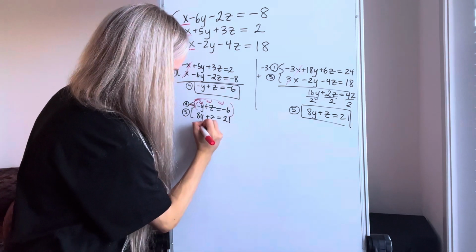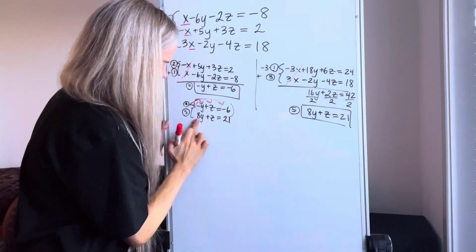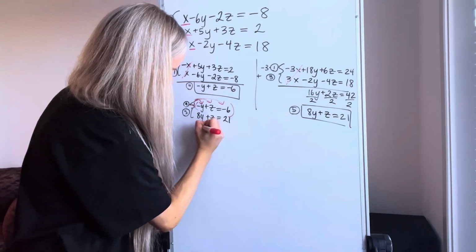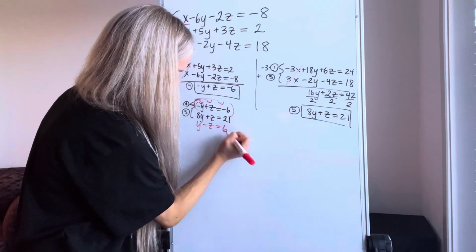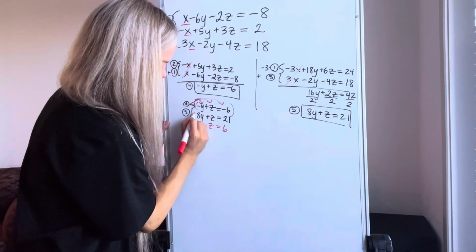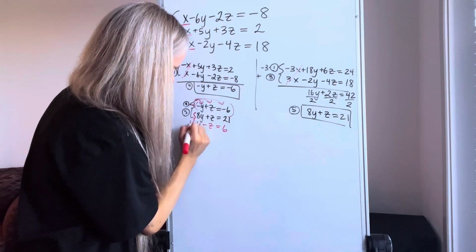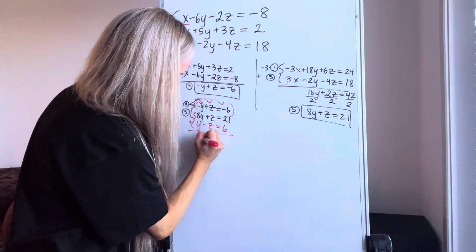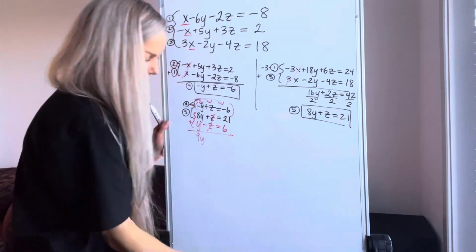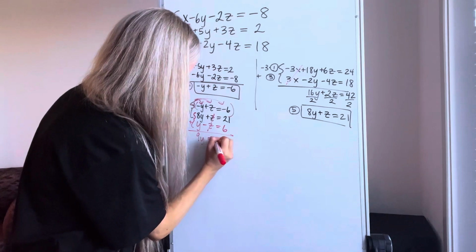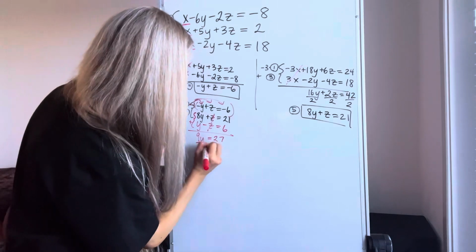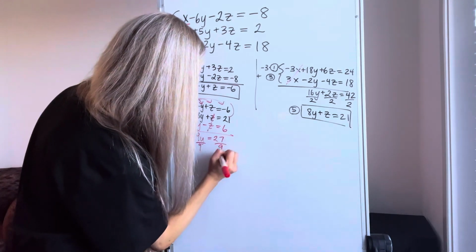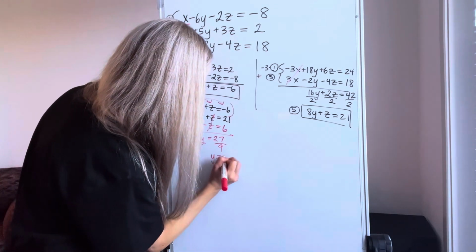That gives me positive y minus z equals positive 6. I can add these together, giving me 9y, z's cancel, equals 27. I solve for y by dividing by 9, and that gives me y equals 3.